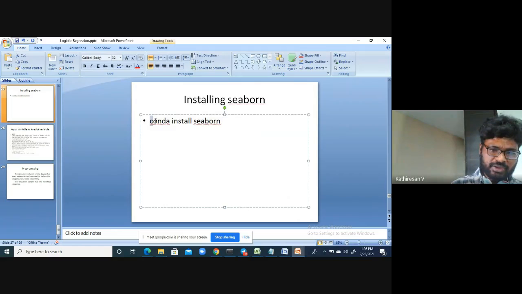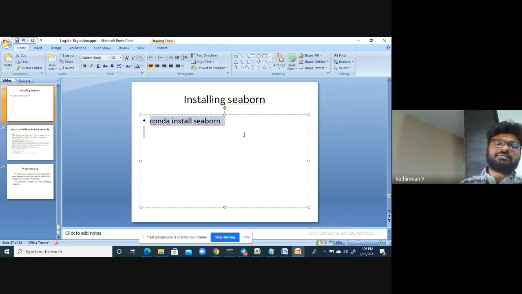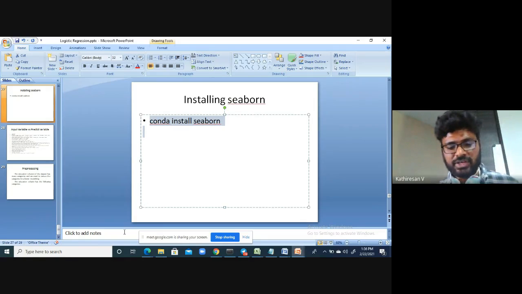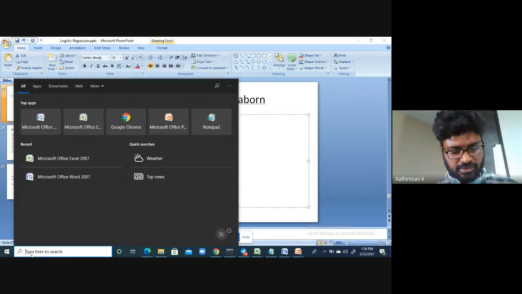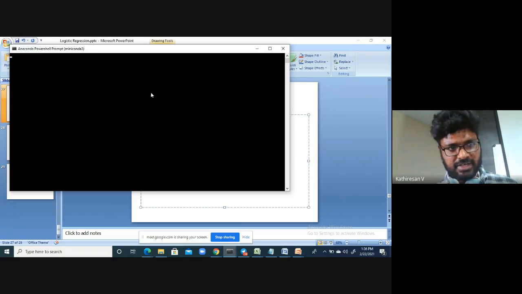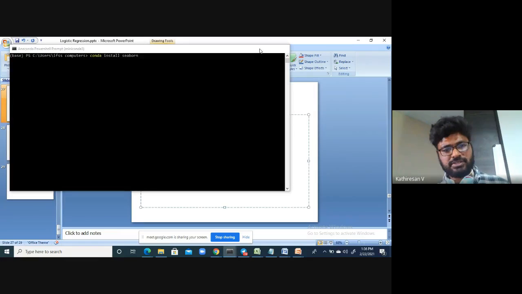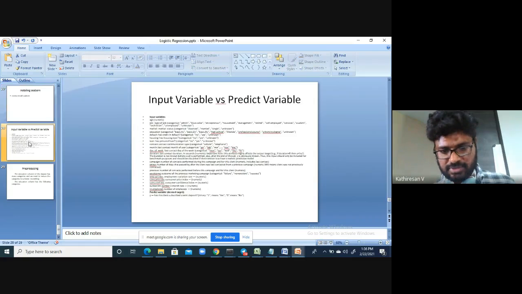If you are using Anaconda, you can download this package using the user interface itself. If you're using Miniconda, go to this shell and simply install using this code. Okay, just give enter, you will get this particular package.